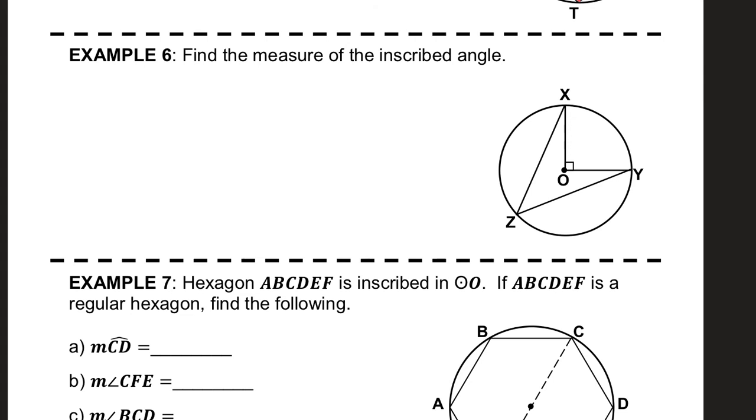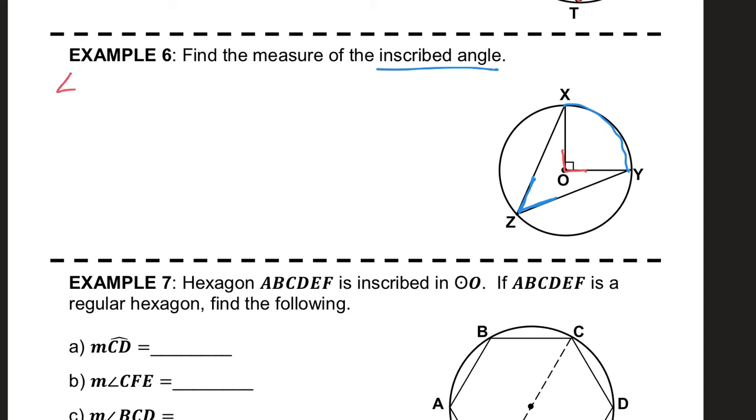Okay, so number 6. There are a couple things that we need to start seeing here. We want to find the measure of the inscribed angle. So we're looking for the measurement of angle XZY. Well, in order to find that, we need to take half of arc XY. Well, we don't have any of that. Oh, wait, yes, we do. Because back in the last lesson, we have our central angle here.